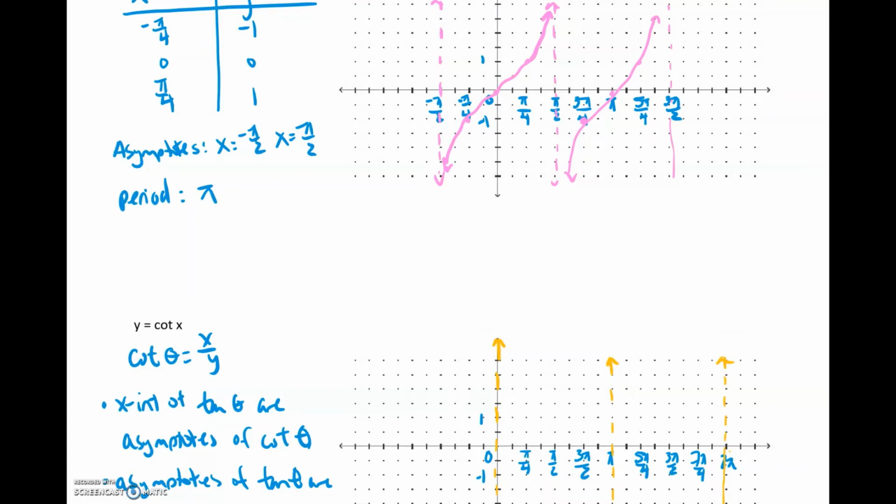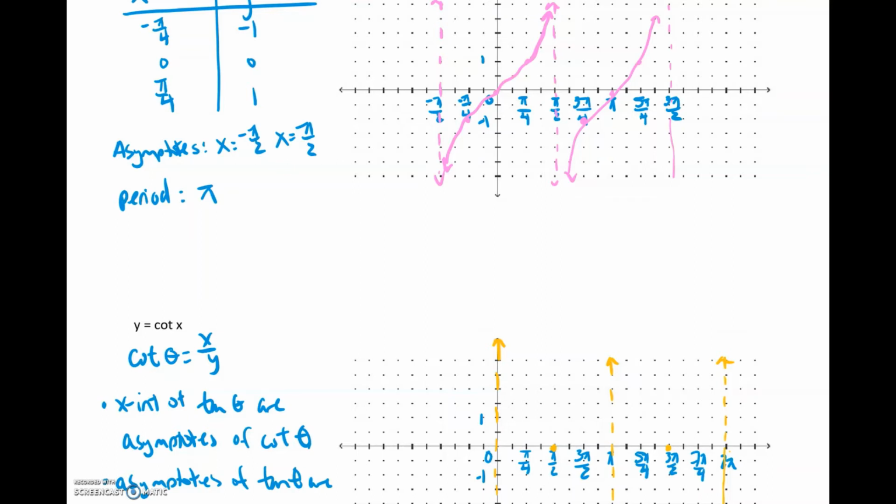So remember, going back to the graph, my asymptotes of tangent are now going to be x-intercepts. So I'm going to put an x-intercept at pi over 2 on the x. I'm going to put an x-intercept at 3 pi over 2. And then remember that pi over 4, negative pi over 4, those pieces haven't changed.